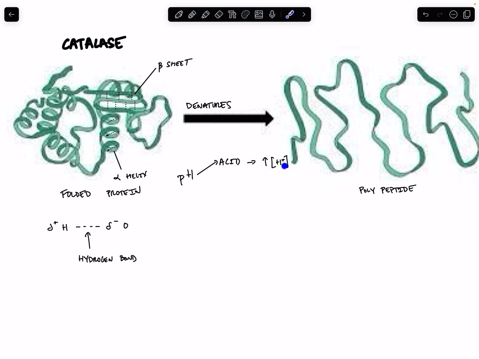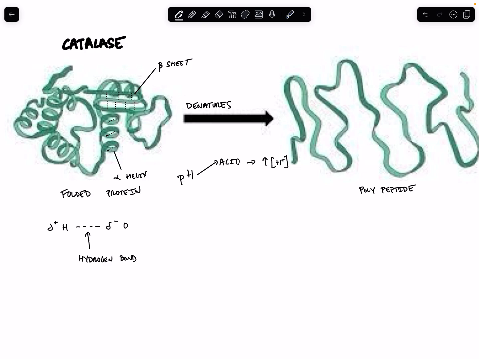So if there's a lot of free hydrogen just beep-bopping around in the solution, it can come in here, swoop out, and bind with this oxygen instead of a hydrogen over here. So a high concentration of hydrogen in solution is going to swoop into some of these hydrogen bonds and break the intramolecular bonds that we have going on here.